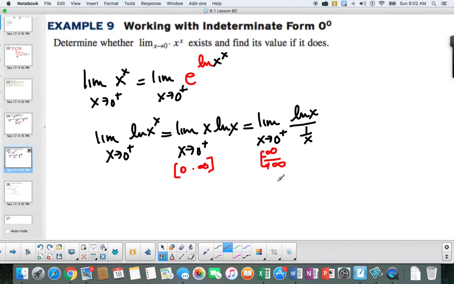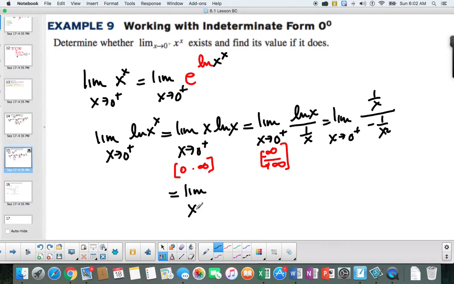All right, so we can apply L'Hopital's rule, and that'll be the limit as x approaches 0 from the right-hand side of 1 over x over negative 1 over x squared. We can simplify that, and that's going to be negative x.